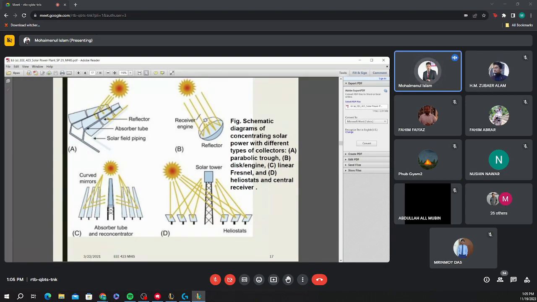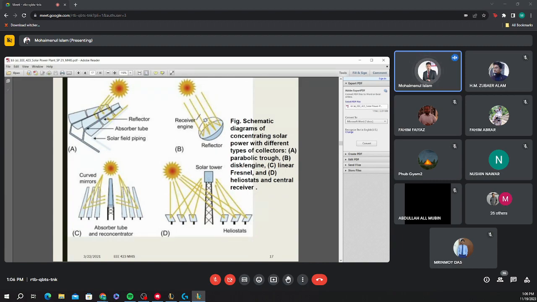So there are some curved mirrors, and the central tower can receive the whole amount of light, and this is called solar tower based or central receiver. So circularly, so many solar panel type of mirrors are set up there, and they reflect back the whole light to one particular solar tower.